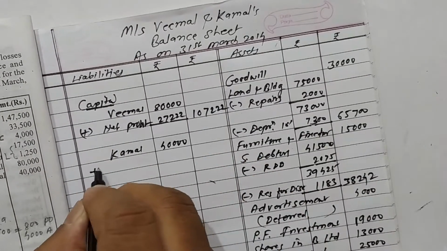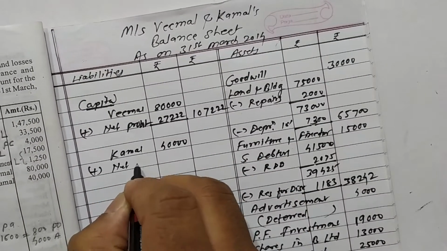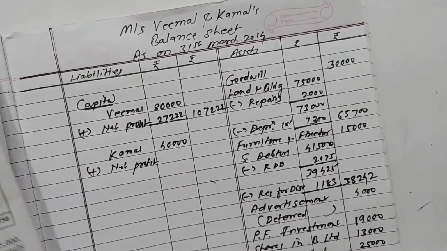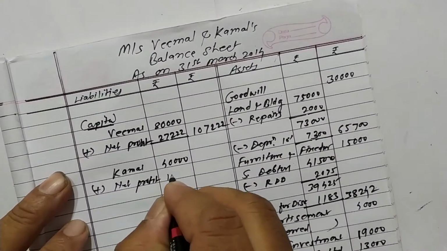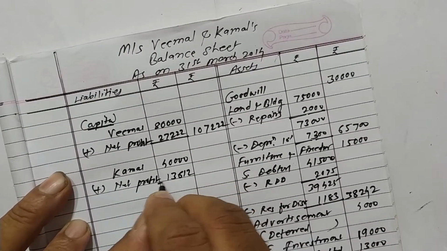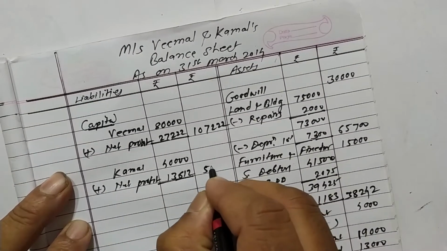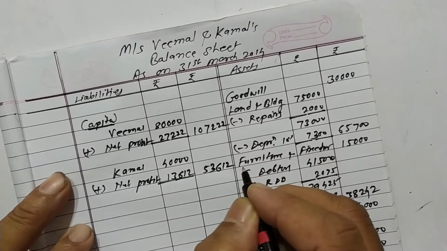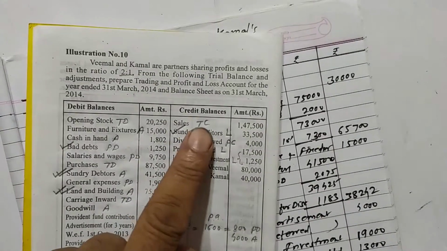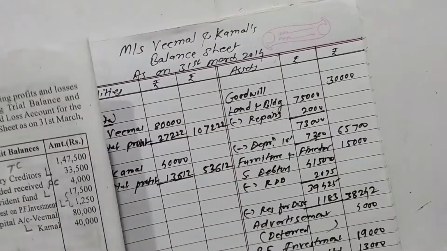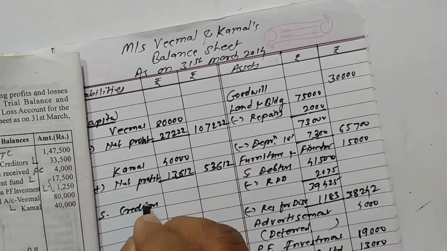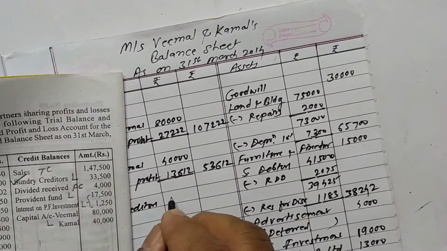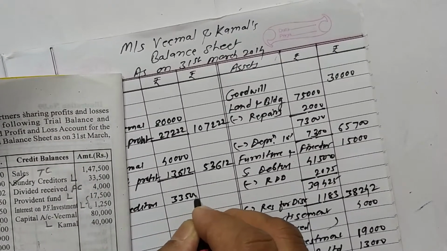We have to add net profit, proportional amount rupees 13,612. Total 53,612. Now we have to find out the liabilities. Creditors, rupees 33,500.